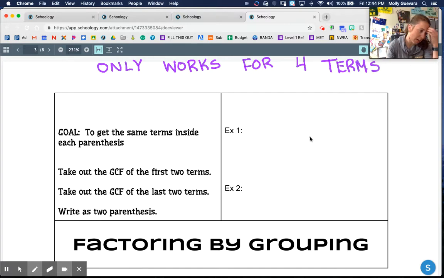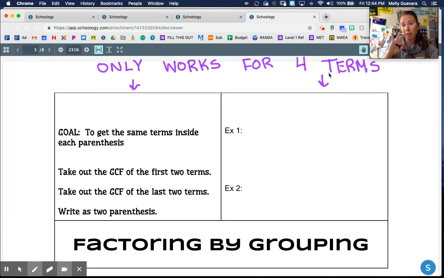Meaning, this only works if you have 4 terms. So just as an example, this is what I did, just to show you how I wrote it on the top of the previous page.